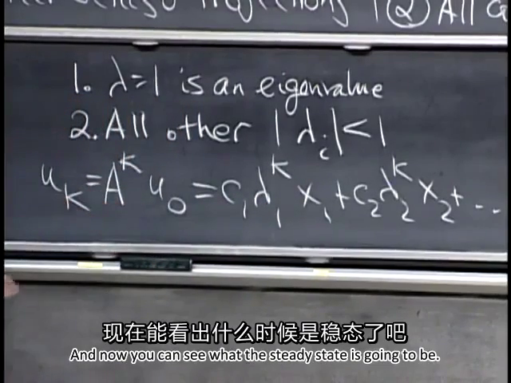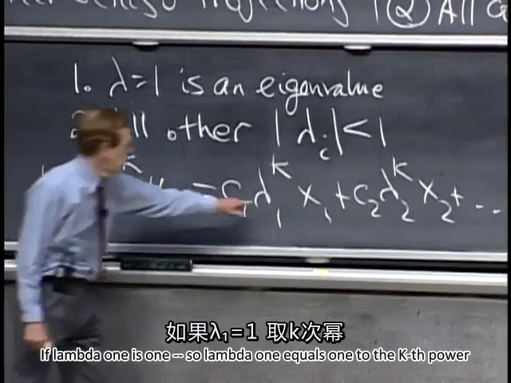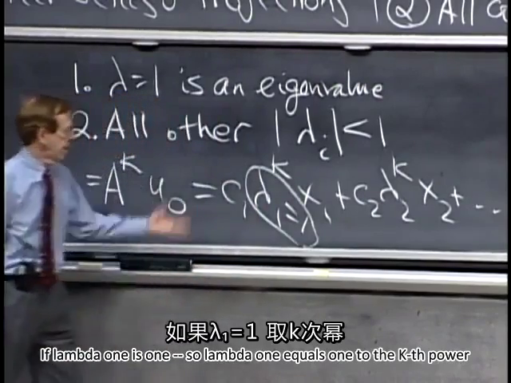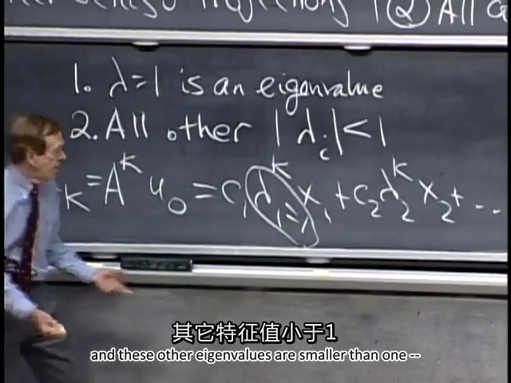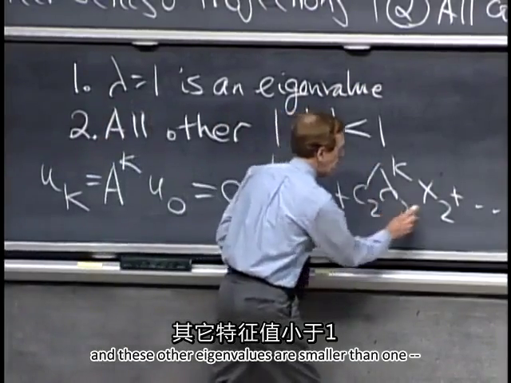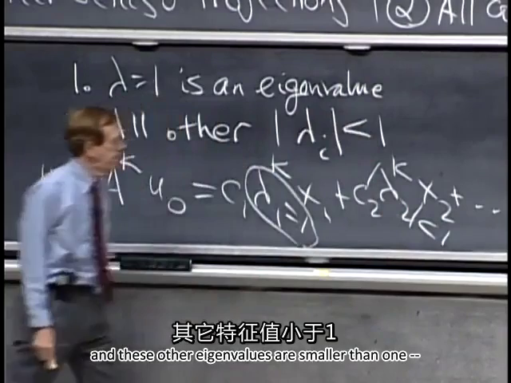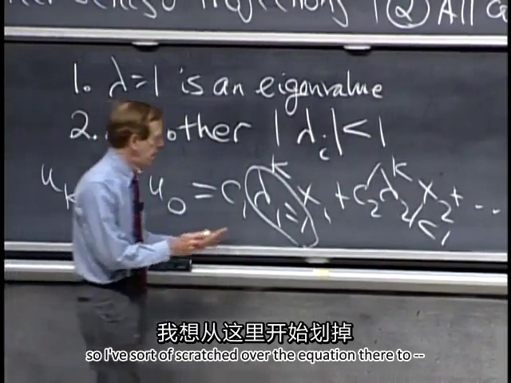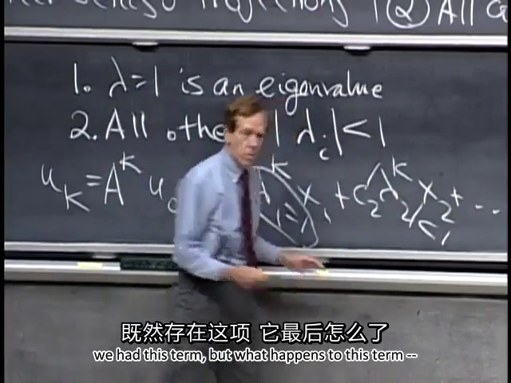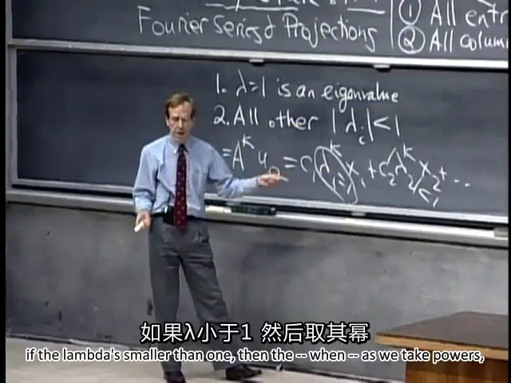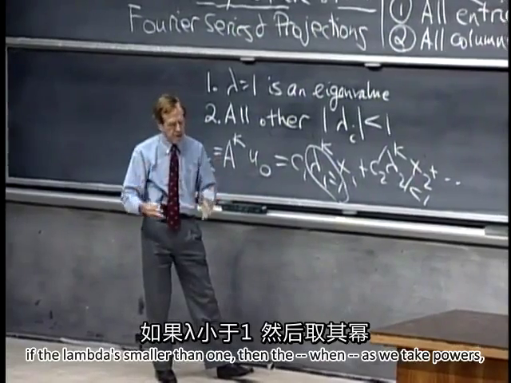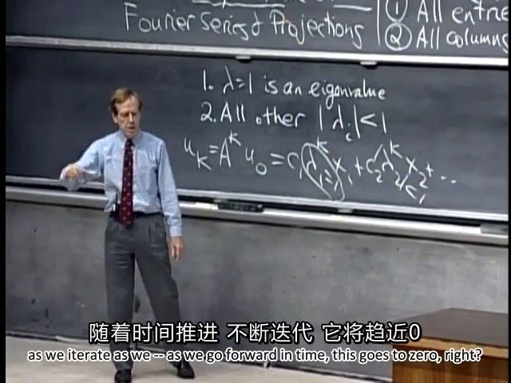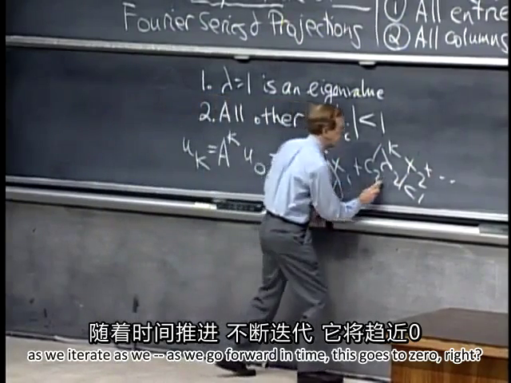And now you can see what the steady state is going to be. Lambda 1 equals 1, to the kth power, and these other eigenvalues are smaller than 1. So what happens to that term if the lambda is smaller than 1? As we take powers, as we iterate, as we go forward in time, this goes to 0, right?